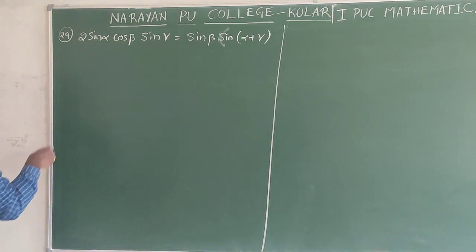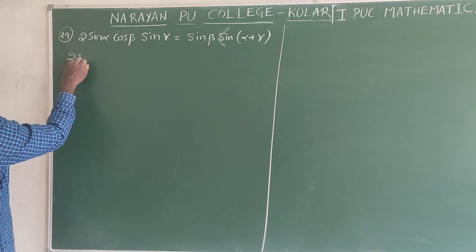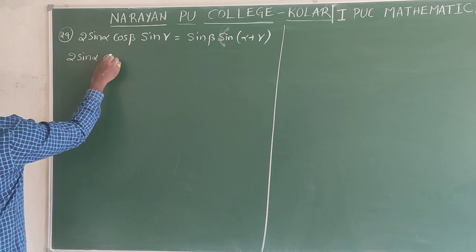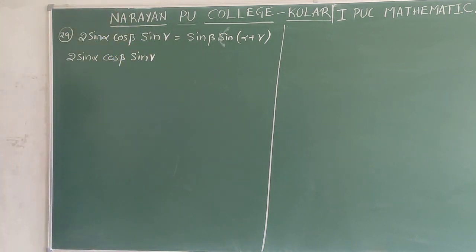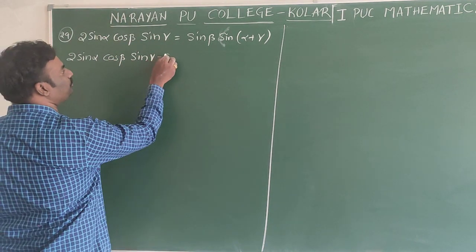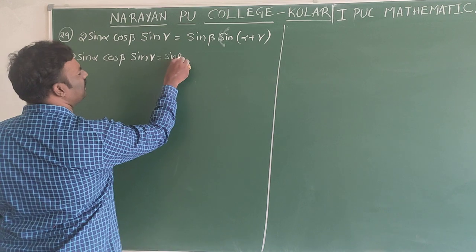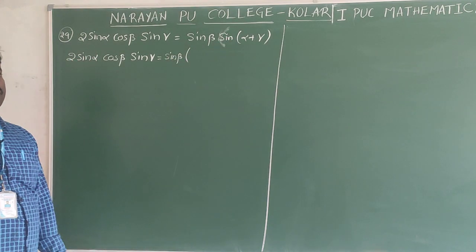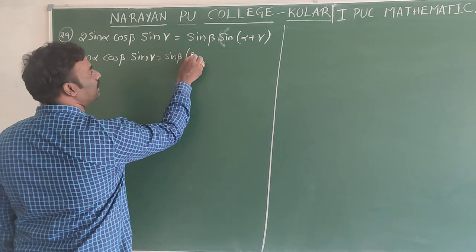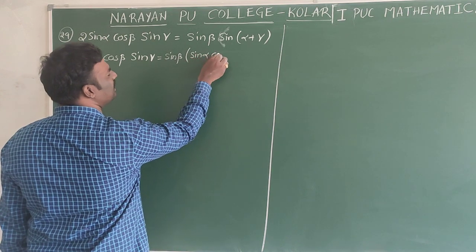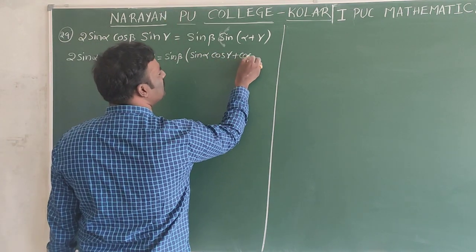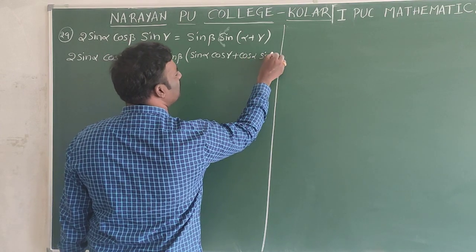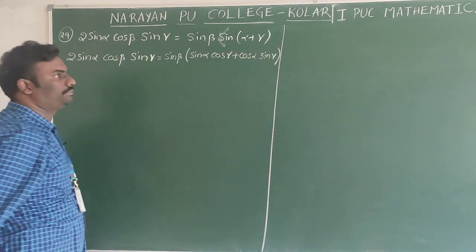We can write 2 sin alpha cos beta sin gamma equals to sin beta. This is in the form of sin of a plus b. It can be written as sin a cos b plus cos a sin b.